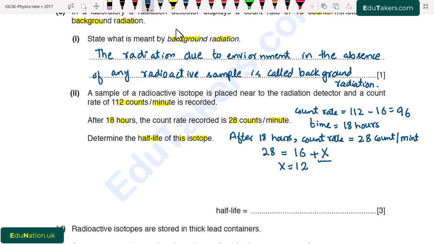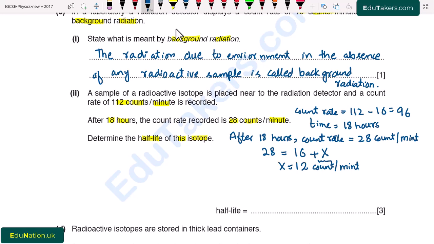It means that after 18 hours, the count rate remains 12, that is due to the radioactive isotope.